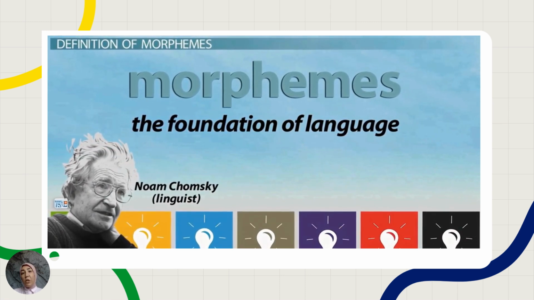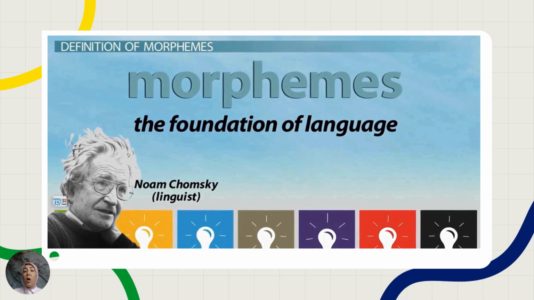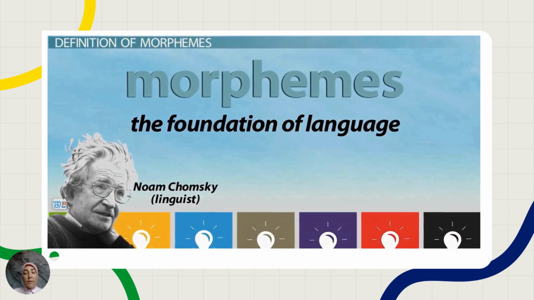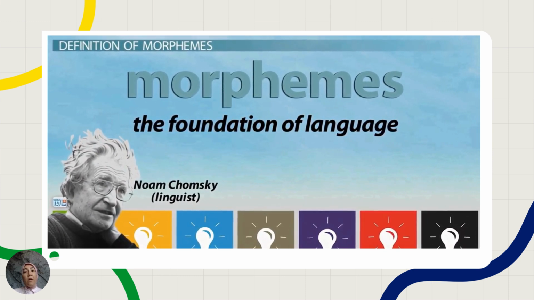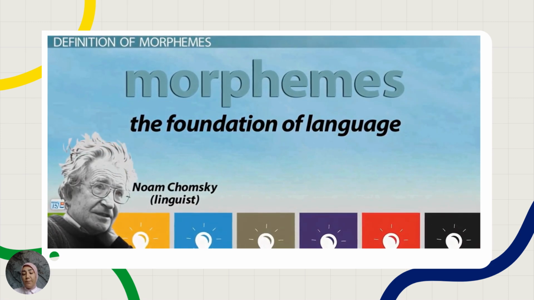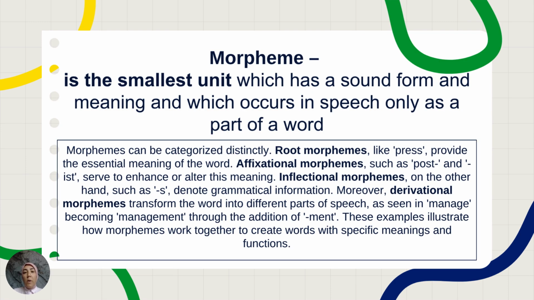This brief definition was given by Noam Chomsky, the American linguist, the father of many linguistic theories. And the full definition of the word morpheme is: it is the smallest unit which has a sound form and meaning and which occurs in speech only as a part of a word.